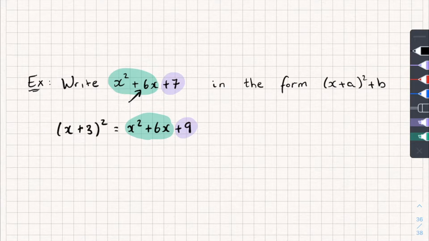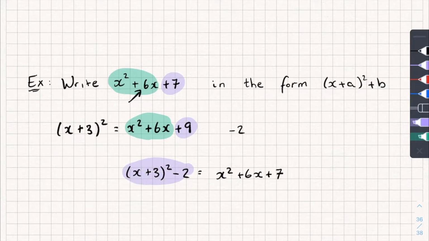So in our one we've got plus 9, but we want it to read plus 7. And we can do that by subtracting 2, okay? So we can get (x plus 3) squared, subtract 2, and that equals the original quadratic. And we've completed the square, okay? So this is our completed square form, where a is equal to 3 and b is equal to negative 2, if you want to compare it to this.